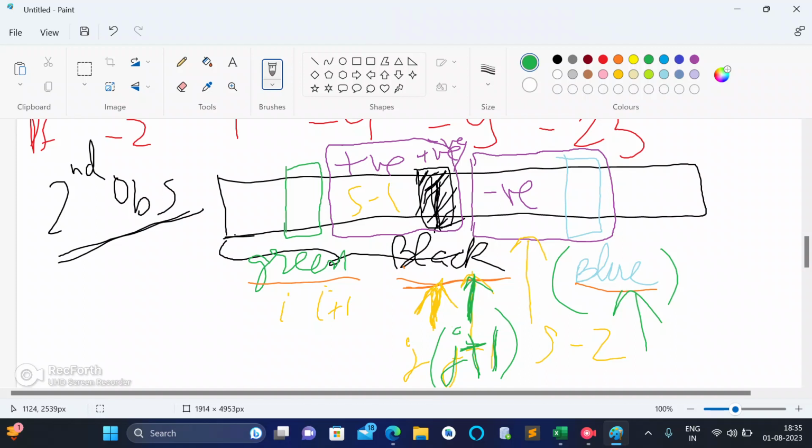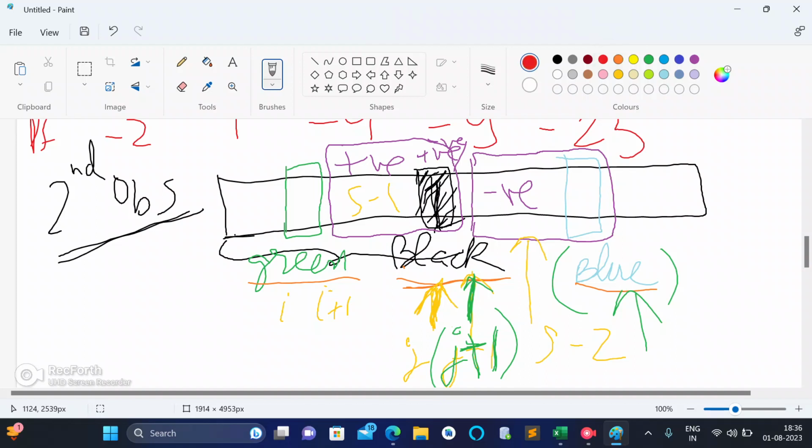So in section 2, from the j plus 1th index to the blueth index, there is a strong negative number, or I can say a big negative. By big negative I mean minus 63 is a big negative compared to minus 2. So there is a strong negative number, because of which this blue value is smaller than this black value.